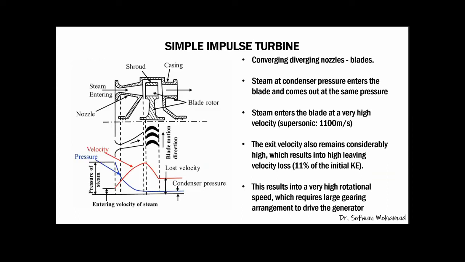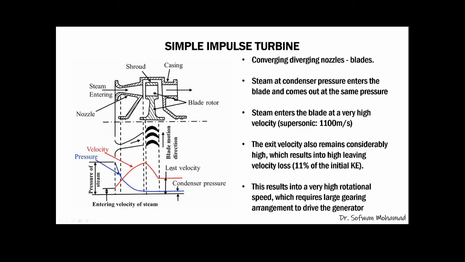Even though the exit velocity is reduced, it's still a considerably high velocity. And this high velocity at the exit of the blade will cause some losses of kinetic energy, which is about 11% of the initial kinetic energy value.